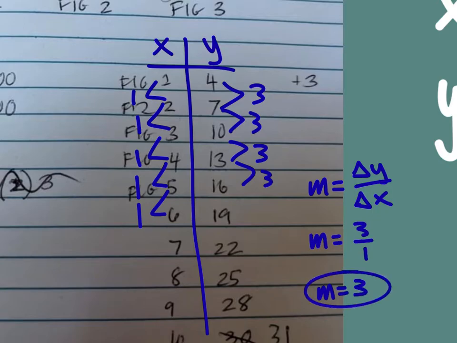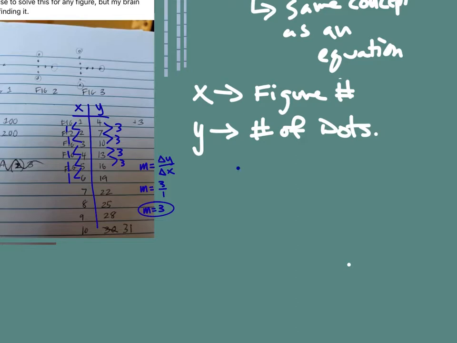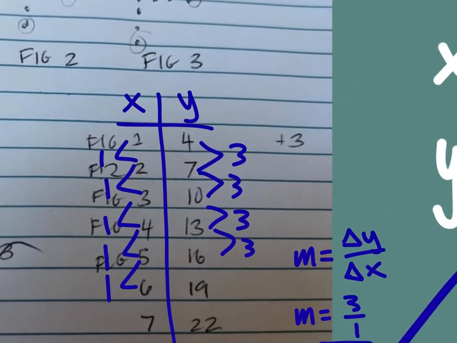Now I'm going to write this out in the form y equals mx plus b. We have our slope, that's 3. The question is, what's our y-intercept, what's our b? Well, we can go backwards with this pattern. Let me erase this part right here, and let's think of figure 0.